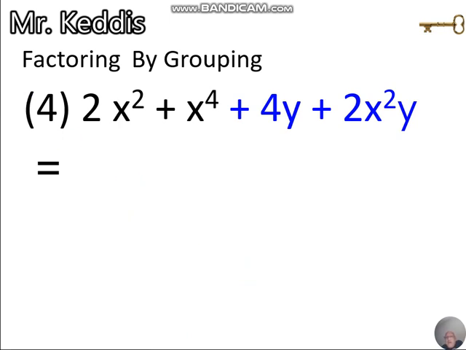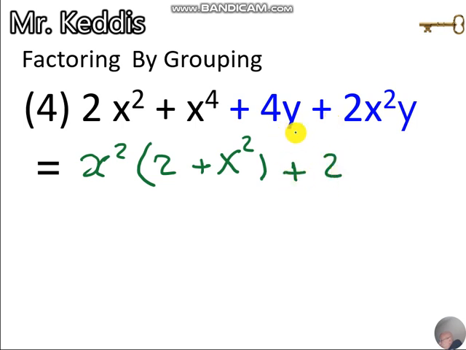To factor 2x squared plus x to the power of 4, I take the lowest power, which is x squared, as a common factor, times 2 plus x squared, since x squared times x squared gives x to the power of 4. You have 4y here and you have 2. I take 2 as a common factor. If you have y and y, you take y also as a common factor, times 2.